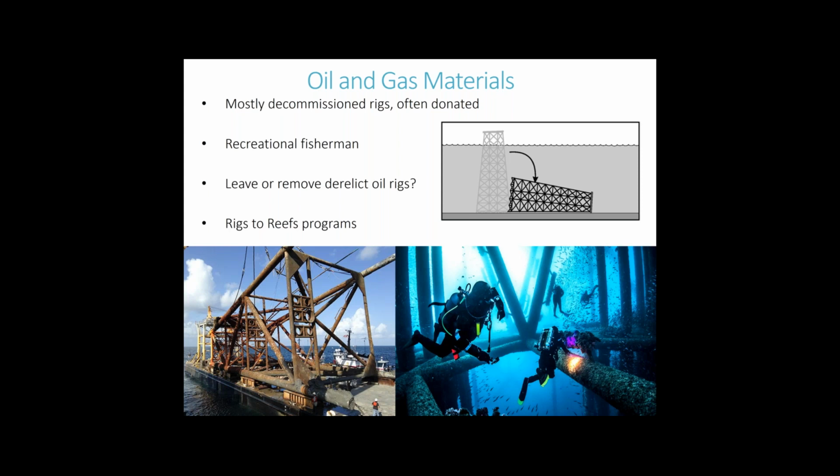Fishermen flock to these for catching things like red snapper and grouper. And so the idea was if they're no longer in use, let's just leave them there. And that's been a big discussion. Once an oil rig is no longer in use, should we leave it there for something like this? Or is it better to remove it for safety reasons? That's a big debate. And what came out of this was this Rigs to Reefs program, where they are deploying these types of materials all across the Gulf of Mexico.